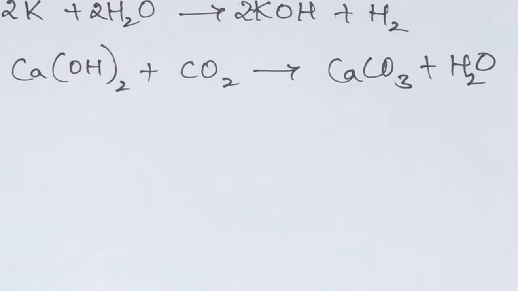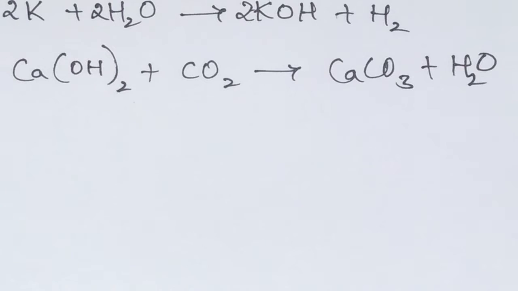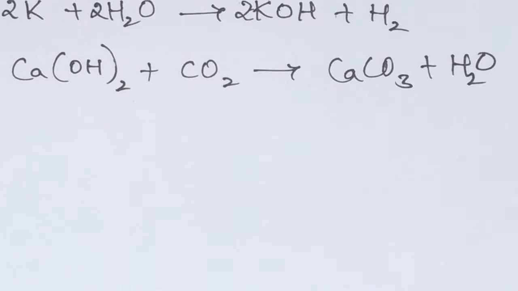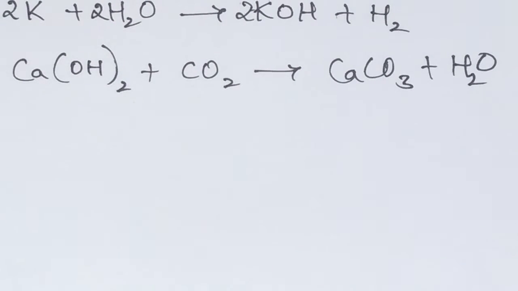And once again we'll see, what is this reaction? Somewhere we have seen. This is the principle involved in whitewashing of walls. Whenever calcium hydroxide, that is lime water, is applied like whitewash on the walls, what happens? First of all it will appear like water only, but after some time it will react with atmospheric carbon dioxide and form calcium carbonate.